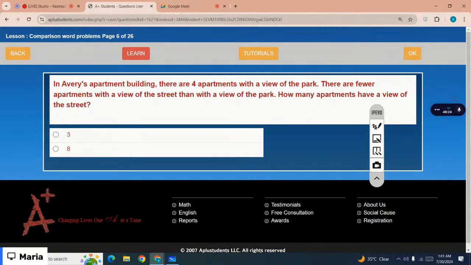In an average apartment building, there are four apartments with a view of the park. There are fewer apartments with a view of the street than with a view of the park. How many apartments have a view of the street? So, which is the correct option?